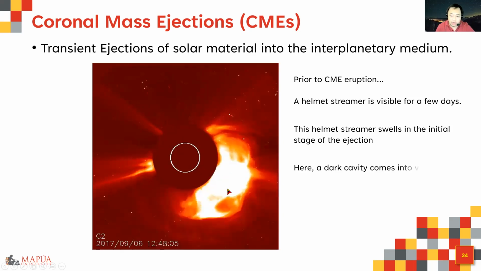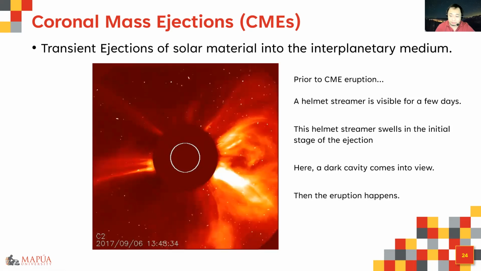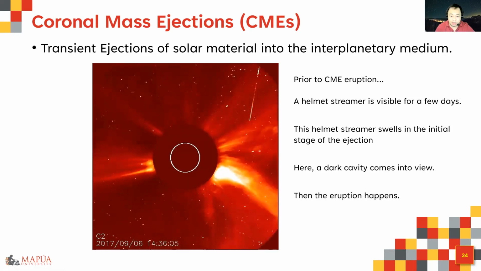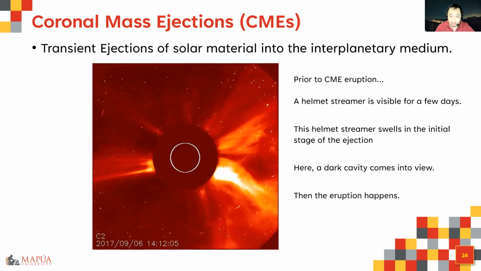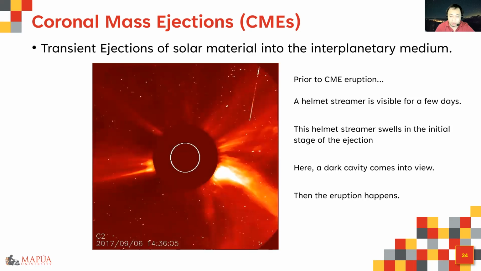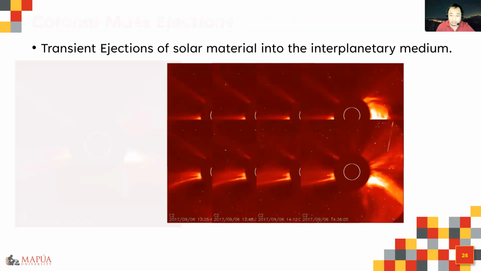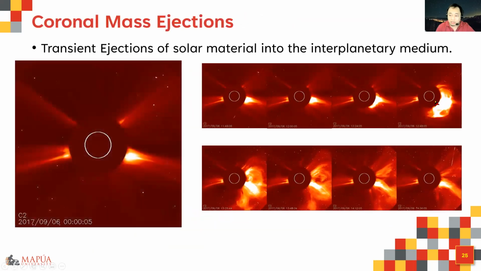Here you can see that there is a dark cavity that starts to come into view, and then the eruption happens. So let's look at that. This is the start of the expansion, and then the material has been ejected already. So this is now the sequence.